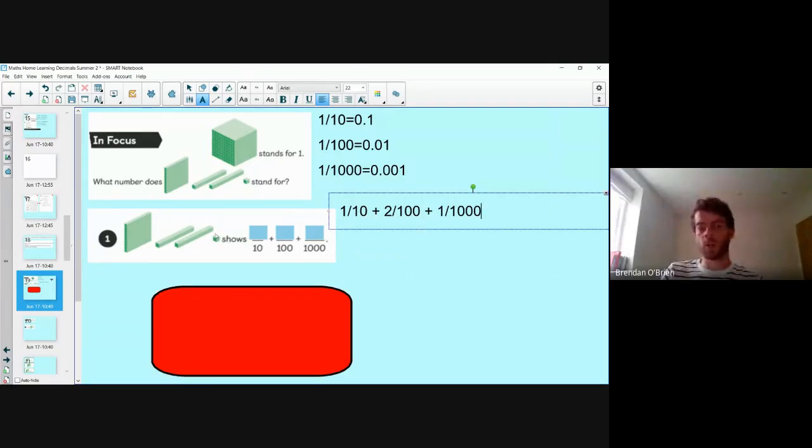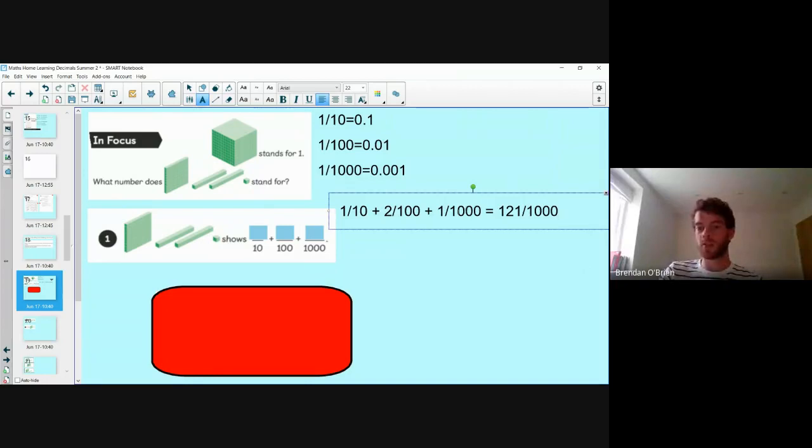So what we want to do is write this as a fraction, but we also want to write it as a decimal and in its written form, okay? So as a fraction, this will be 121 over 1,000.